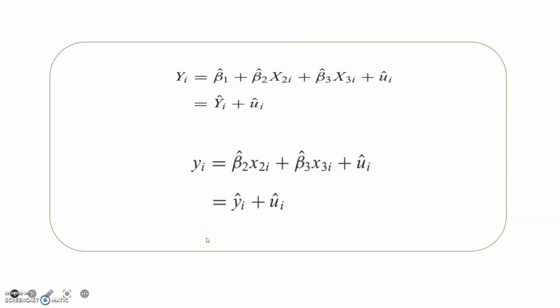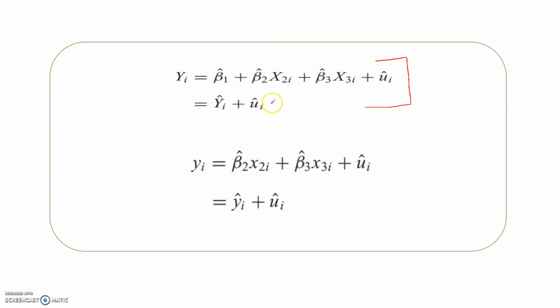Now let's discuss the multiple coefficient of determination, r square. For doing that, first let's have a look at this equation. This is the simple equation of yi. So yi is equal to beta 1 hat plus beta 2 hat x2 plus beta 3 hat x3 plus ui hat. Okay.